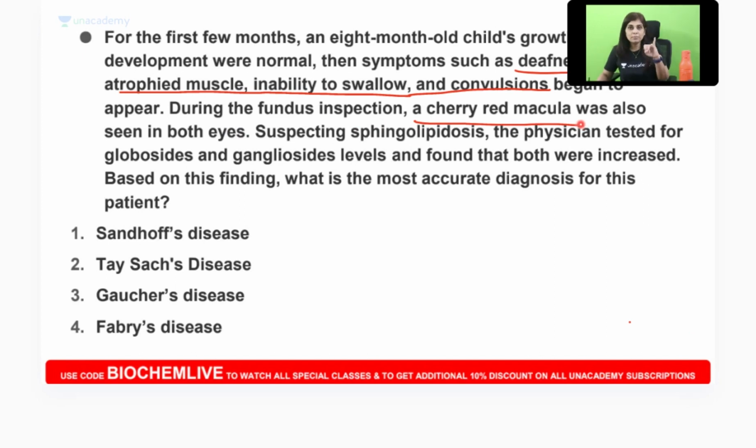So neurological manifestations predominantly accompanied by cherry red macula. Suspecting sphingolipidosis, the physician tested for globocyte and gangliocyte levels and found that both were increased. Based on this finding, what is the most accurate diagnosis for this patient?